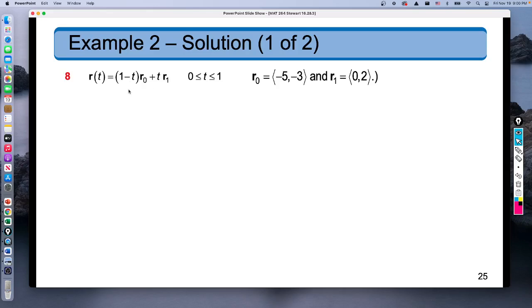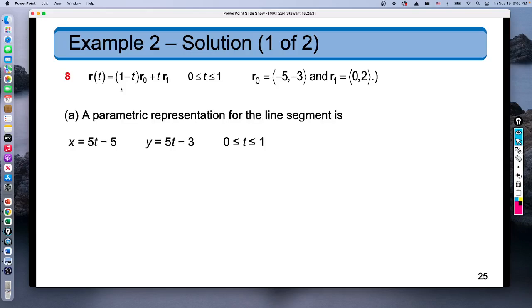So if we do that, we get a parameterization where x is equal to, plug in the x coordinate 5, so you get a plus 5.